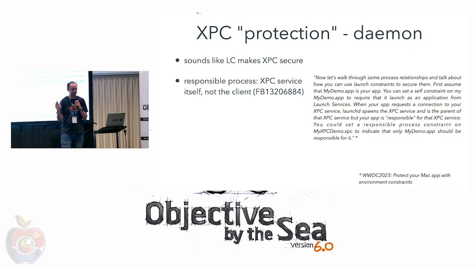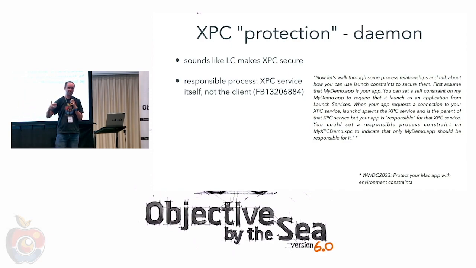But let's say it's a bug, and the responsible process should be the process that actually wants to talk to this service. Launch constraint doesn't solve the issue, because if the third-party application talks to the service, it will come up, and at that point I can also talk to that service, because launch constraint is not in play anymore; it's already up and running.